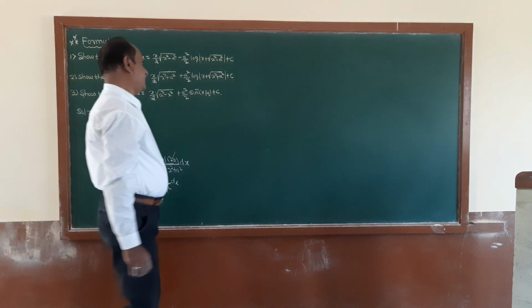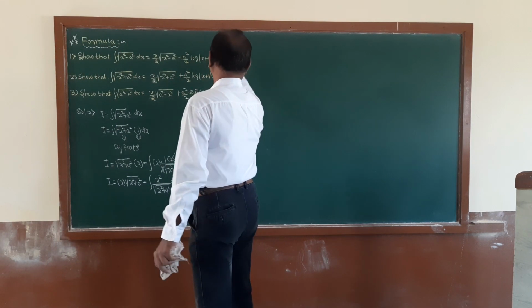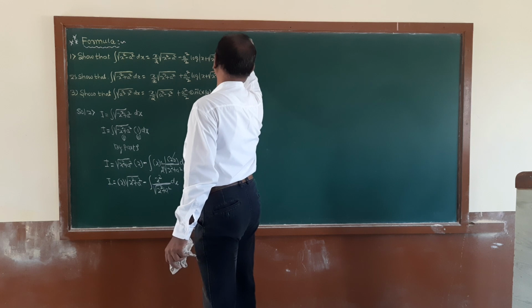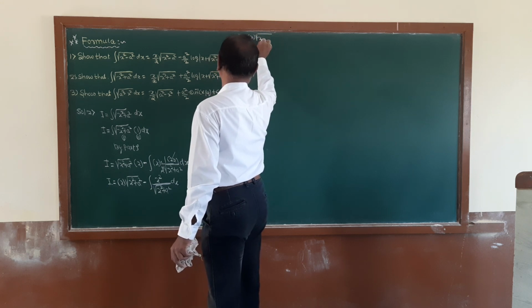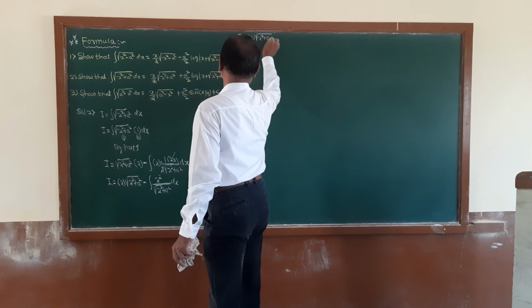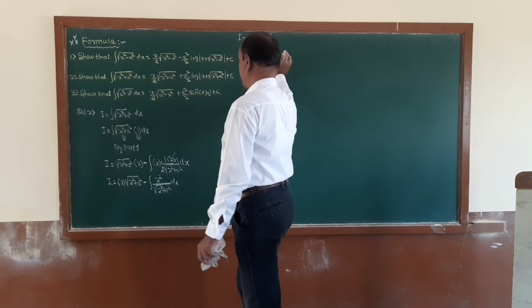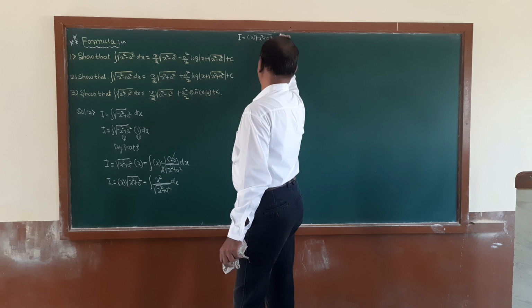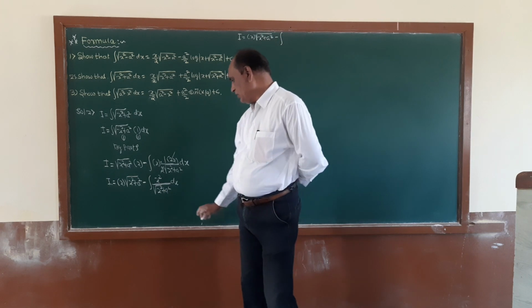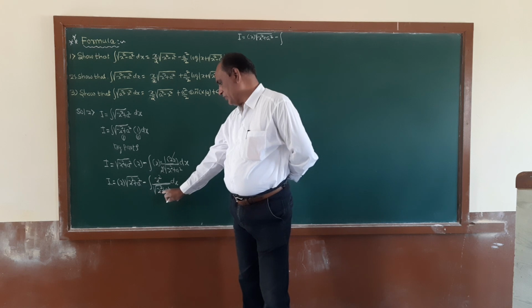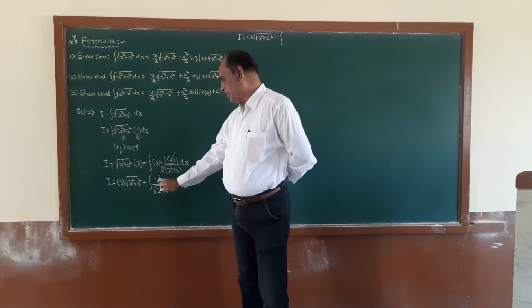Then make a final arrangement. Therefore I is equal to x as it is into the square root of x square plus a square as it is, then minus under the integral sign. Make a final arrangement. The denominator, x square plus a square, on the same line.